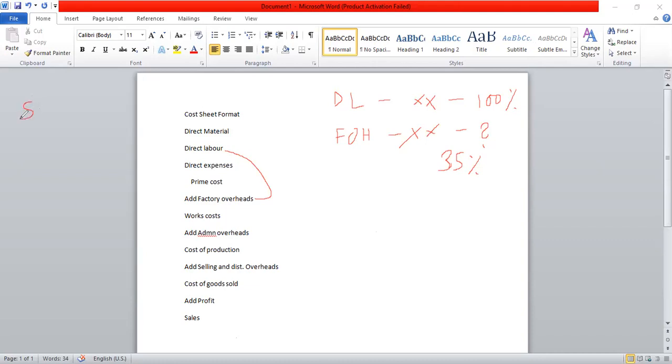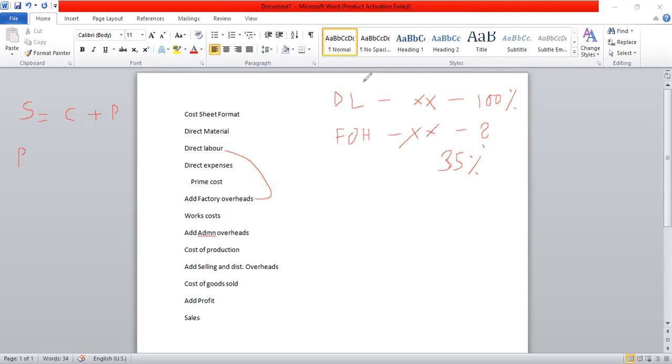So now what we understand is, sales is based on cost price plus profit. That's the equation we see. Sales is equal to cost price plus profit.